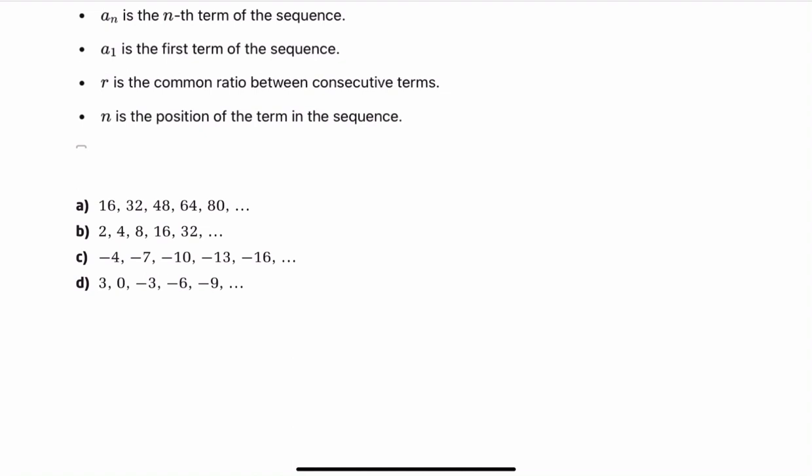I have the first term is 16. So I start with 16, and the second one is 32. So 32 minus 16 is 16. So here I am adding 16. If I add another 16, how much will I get? I will get 48.